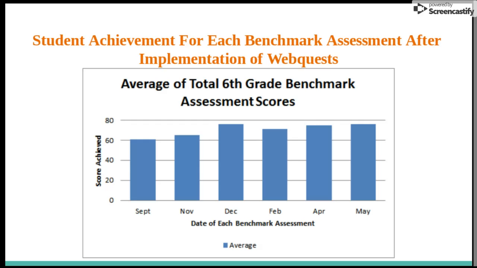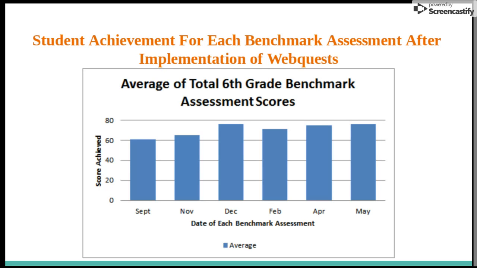The assessment taken in November saw a 4-point increase to a 65 average. I continued my plan of professional learning, conferences, and drop-ins over the next several months. The assessment taken in December saw a drastic increase of 11 points to an average of 76.